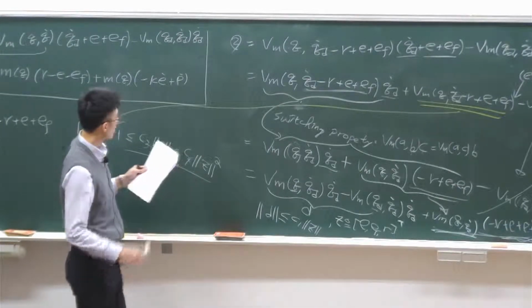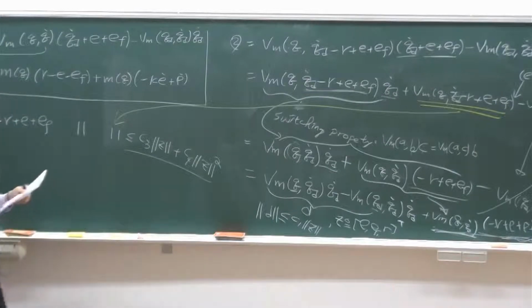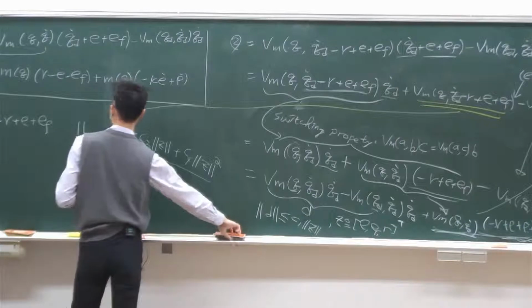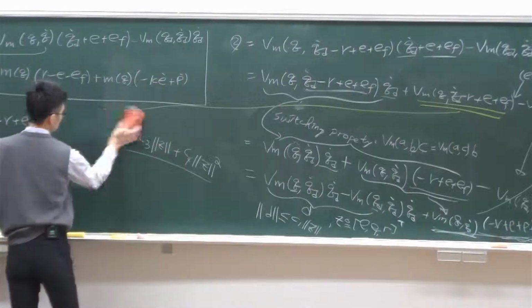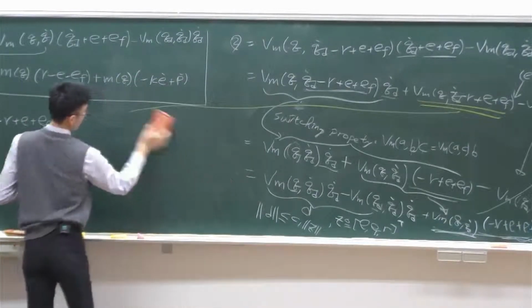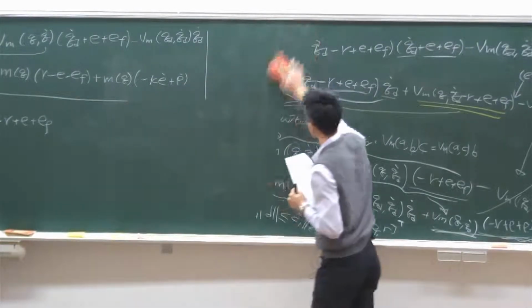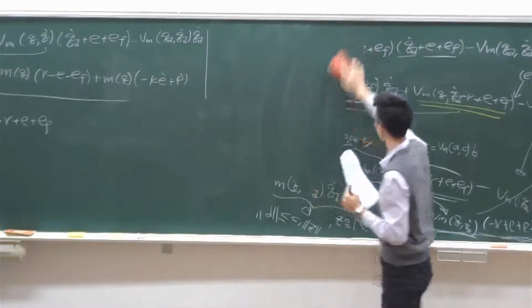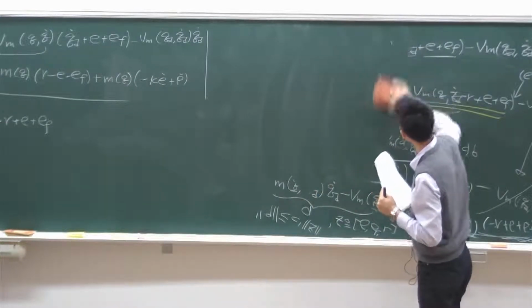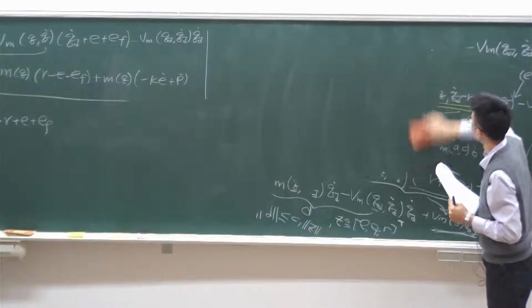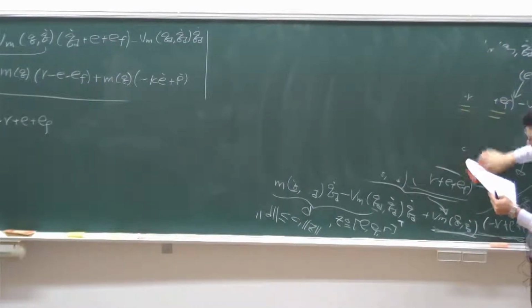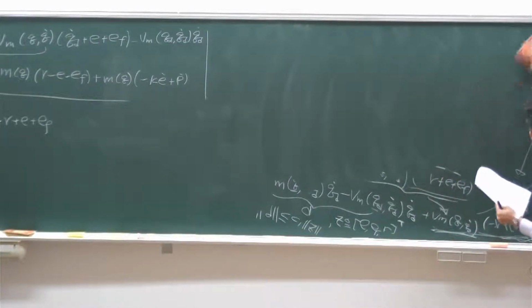Then, after all this has been done, we can do a stability analysis. When you do the stability analysis, you will be clear to see why we do all this process to upper bound the terms by Z norms or by Z norm squared.